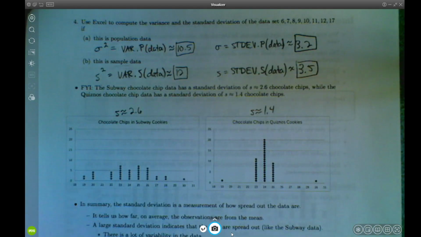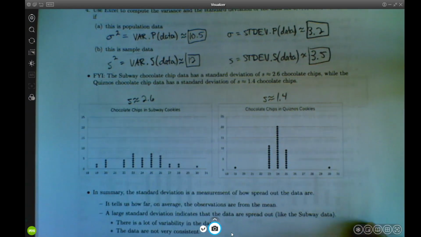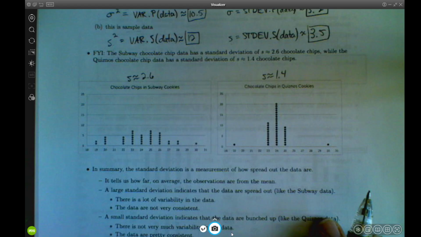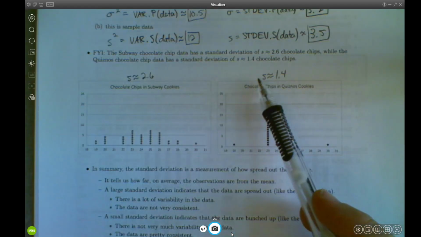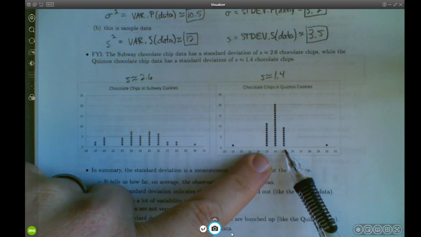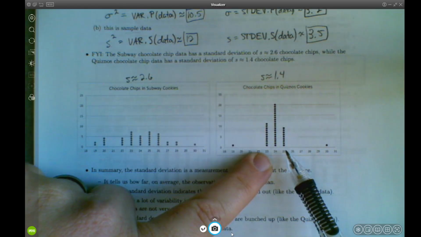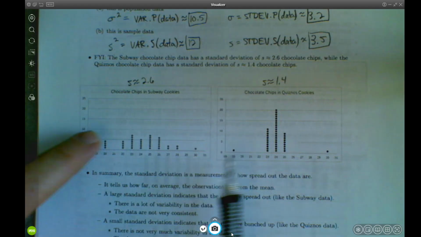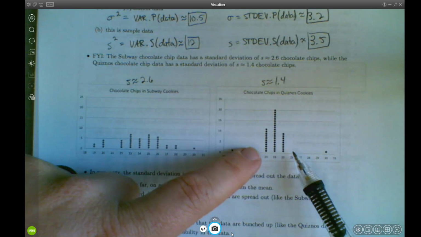So it seems like the standard deviation is doing a fairly decent job at describing how spread out the data is, right? Because the smaller standard deviation indicated that we have less variation. The larger the standard deviation, the more spread there is in the data. The smaller the standard deviation, the more bunched up our data is.